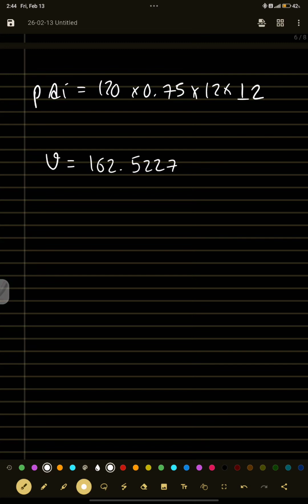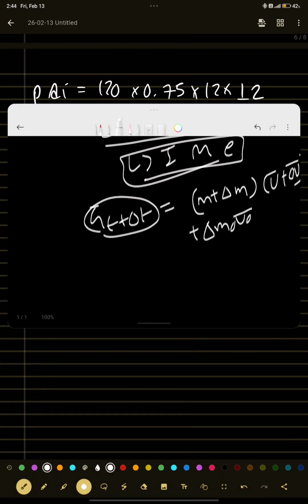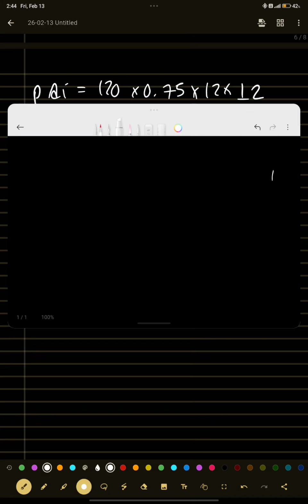Close but not exact. 167 on this one. 1260. 162 at least you should get. 162.27. 162.29.